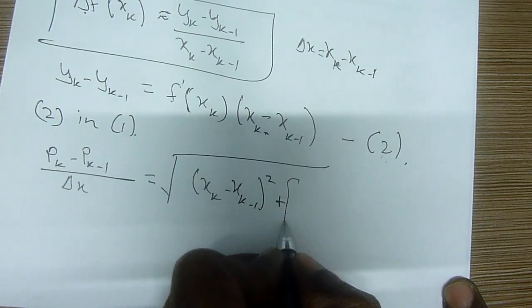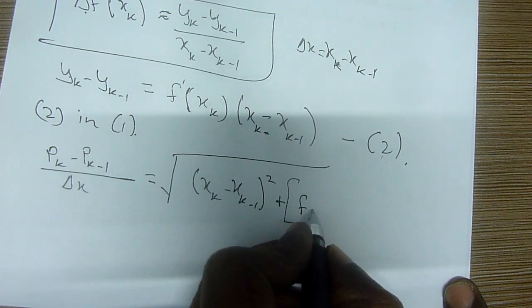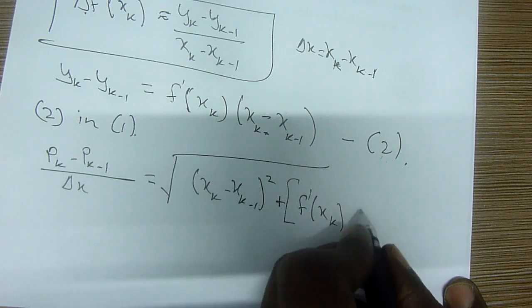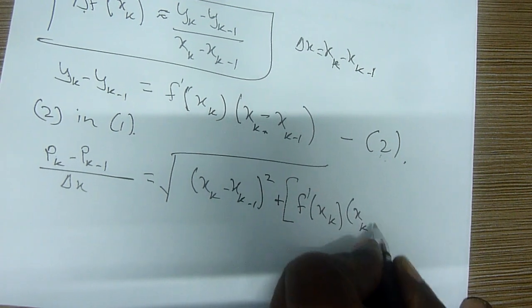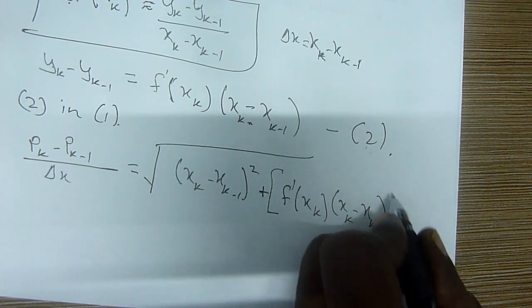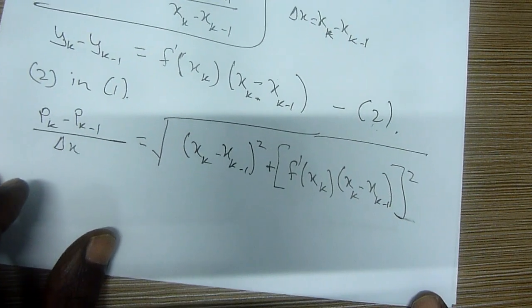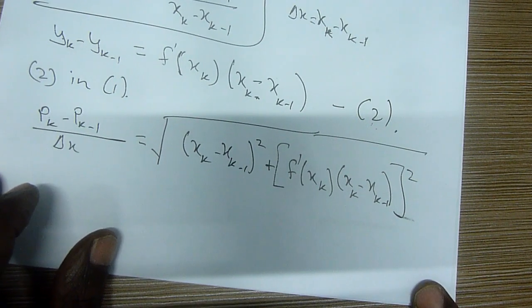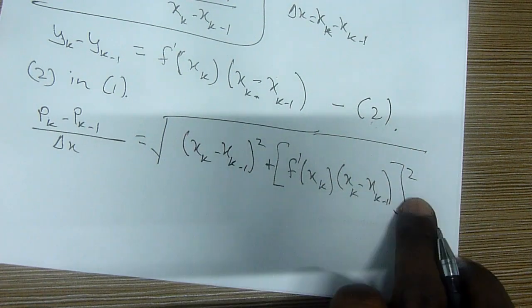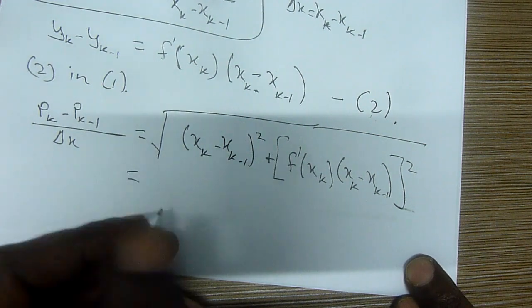Remember, therefore I put a bracket here, xk prime xk minus 1, overall power 2. This we can simplify. Can you see this? There is a small simplification that can be done.